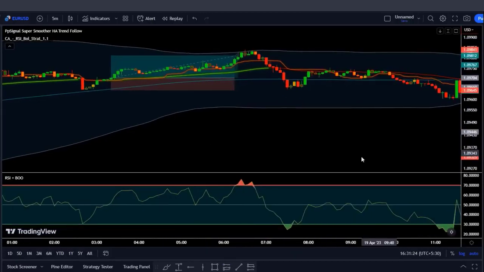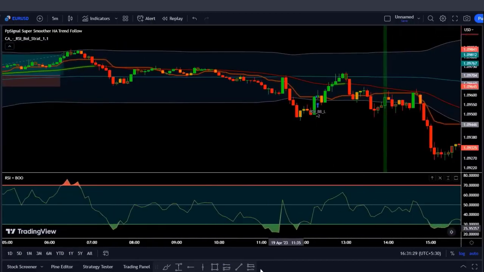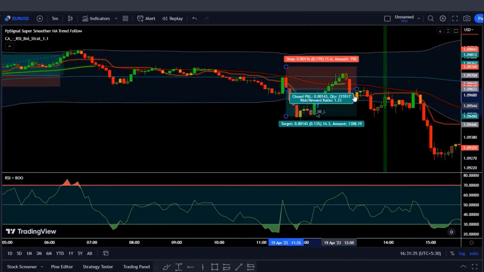We achieved nearly 500% profit, and this much profit in so few trades is truly amazing.